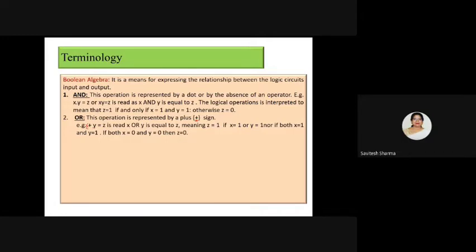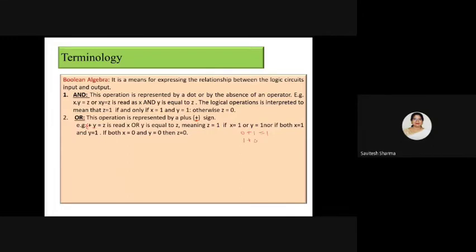This means that z will be 1 if any input, either x or y, is 1. Or if both are 1, again you will get z as 1. So it is telling you the condition: if any input is 1, your z is 1.